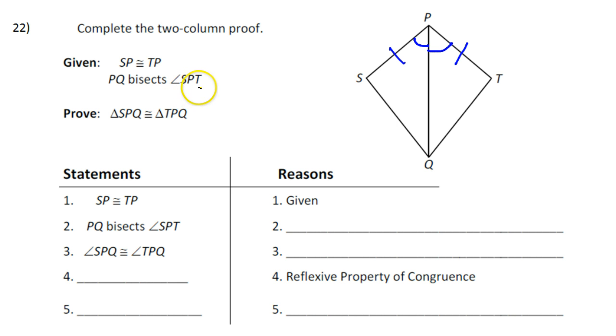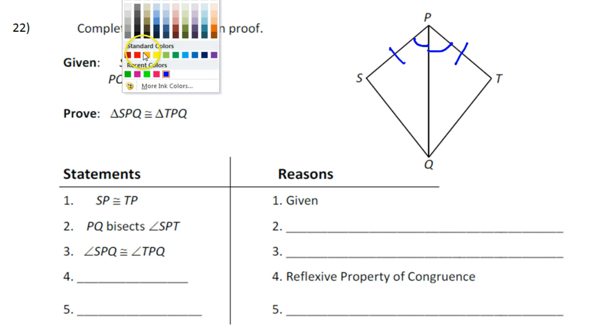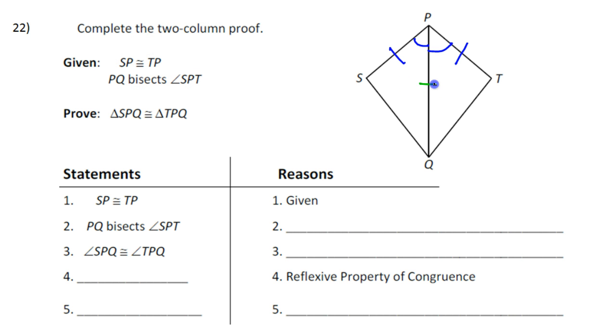So those are the two things we're given. In addition to that, we also see that the shared side is congruent. PQ is congruent to PQ by the reflexive property. Now, at a glance, we can see that the triangles will be congruent by side, angle, side. So we'll keep that in the back of our mind, side, angle, side.